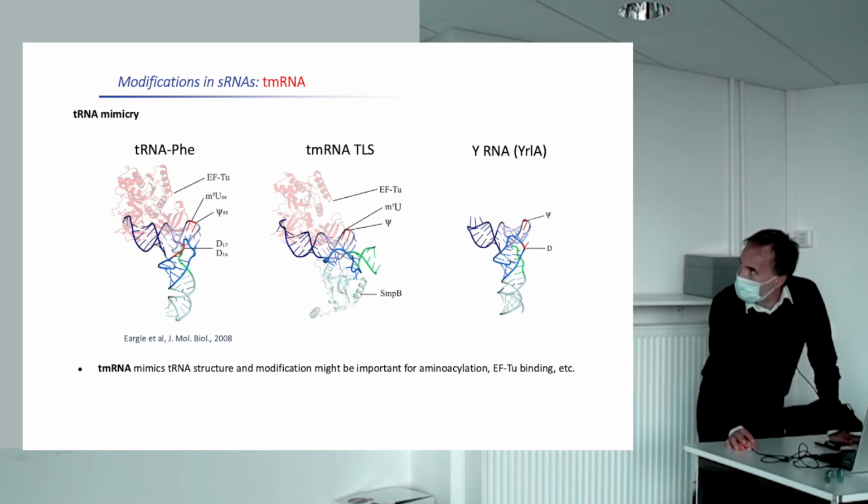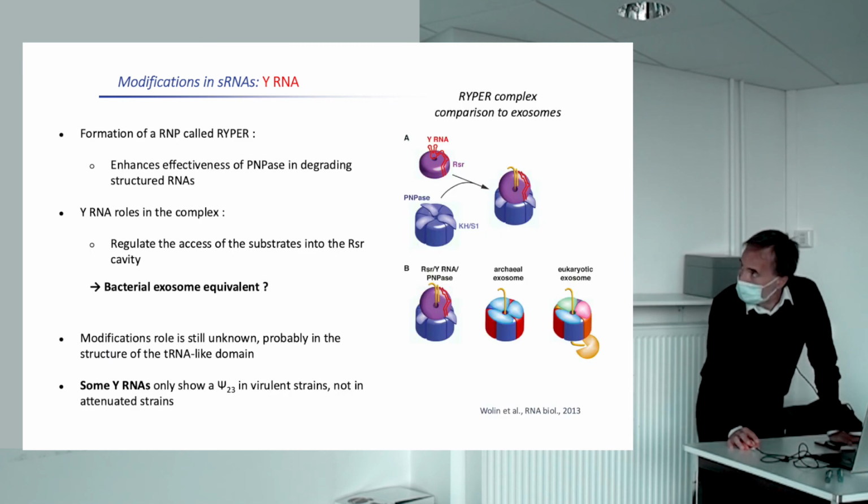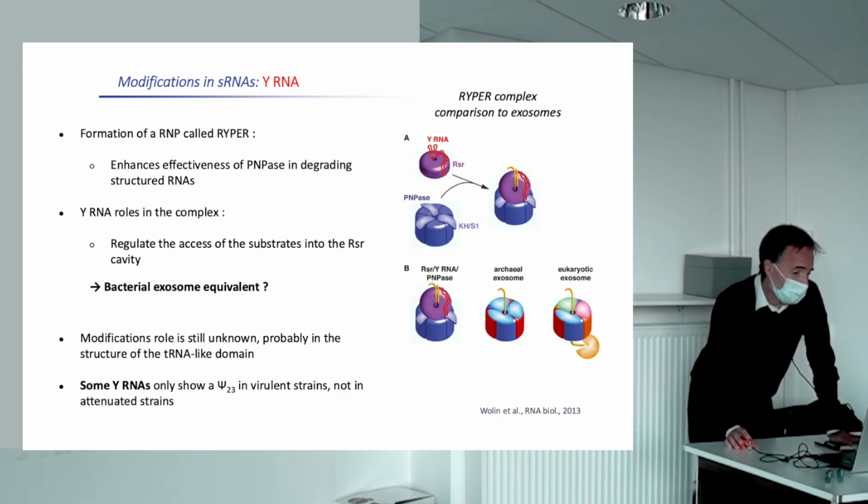This is the Y-RNA. This one, you see, looks like the tmRNA or the tRNA, and it is also modified in the T and D loop, similarly to a tRNA. What is this RNA doing?